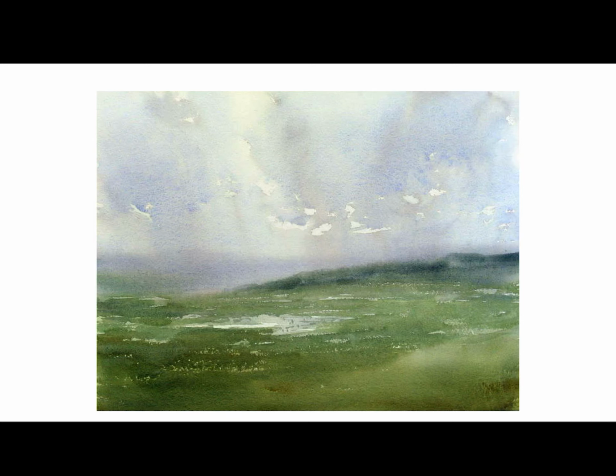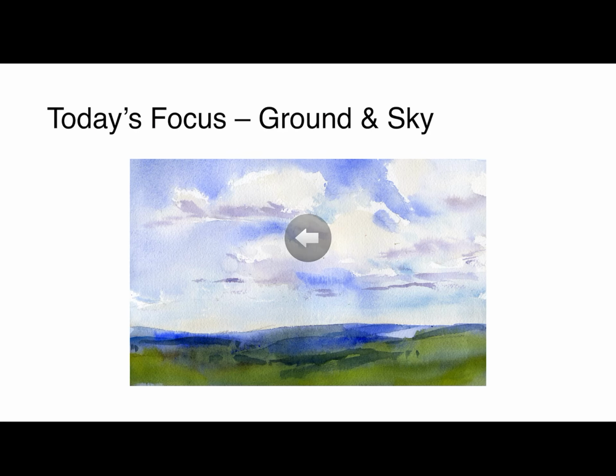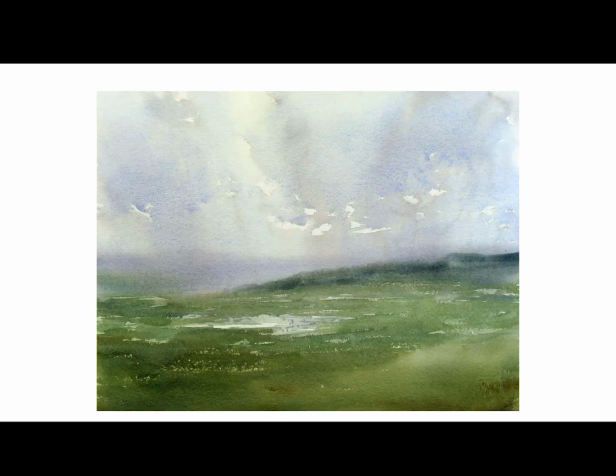If my sky is more brilliant, like in this first example, this is a bright sunny day, and we know that without the sun, we're never going to paint the sun in a painting. We know that it's a bright sunny day because the sky is brilliantly blue and the grass is brilliant.